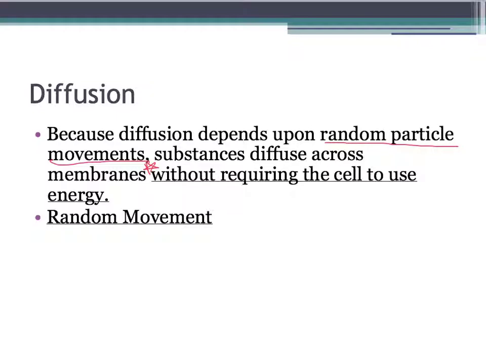That's going to become important when we start talking about some of the differences between diffusion and osmosis and active and passive transport. We'll get more into that in the next section. But the key here is that random movement. There's not any rhyme or reason for what's going on. And that's it for part 1 of section 7.3.